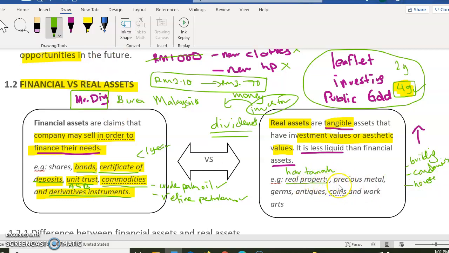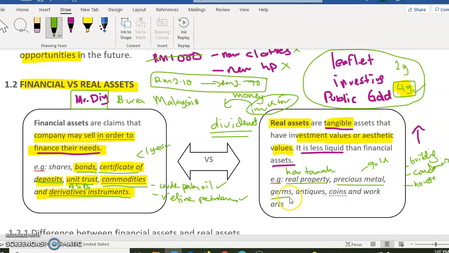And we also have precious metal, okay, logam-logam yang berharga seperti gold tadi, right? Okay. Silver, gold, or any other precious metal yang boleh dijual lah, kan. So these are all real asset.